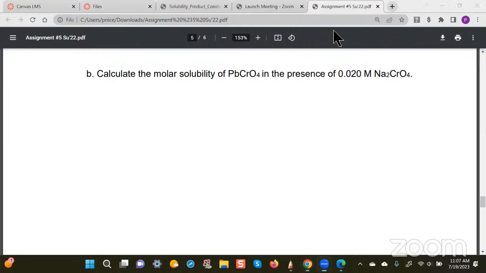So what I'm going to do here is write down the same equation for the dissociation, which is PbCrO4 dissociating to form Pb2 plus and CrO4 2 minus. Now in this case, the initial concentrations will be a bit different. Can anybody tell me what the difference will be in this case?